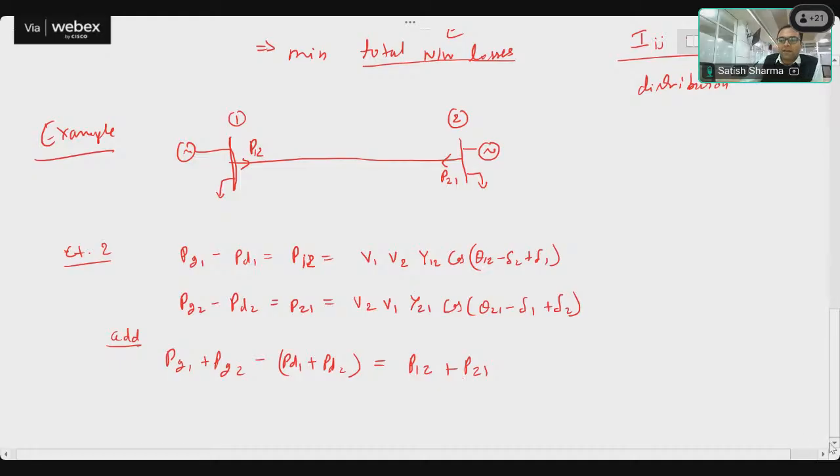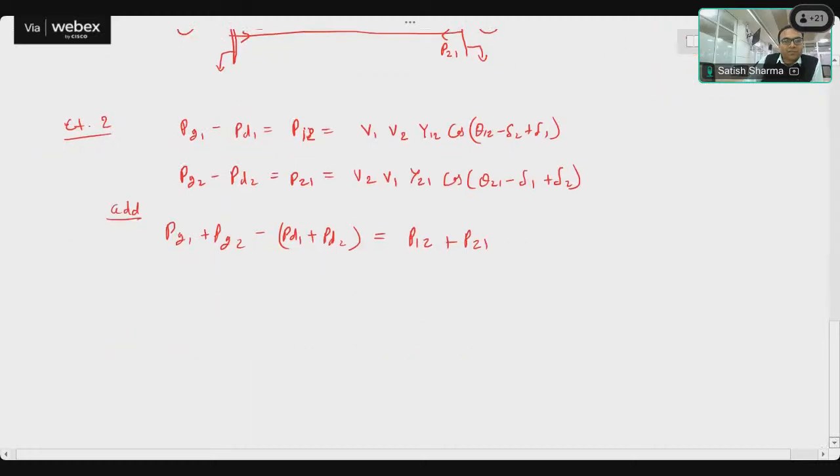Okay, and I can further rearrange everything. This is nothing but equal to the total demand, and let's say that is capital PD.